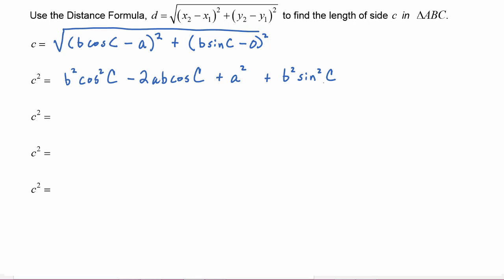Now I'd like to reorder these terms. First, I'm going to write the a squared.